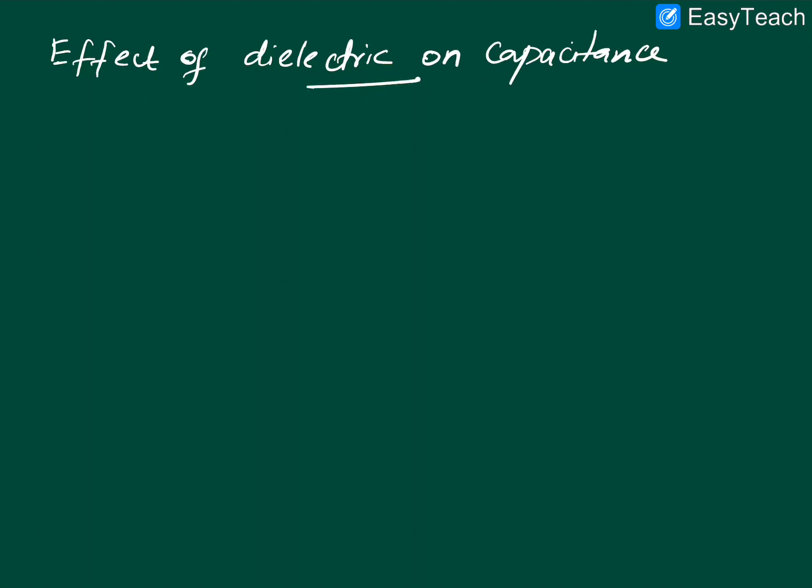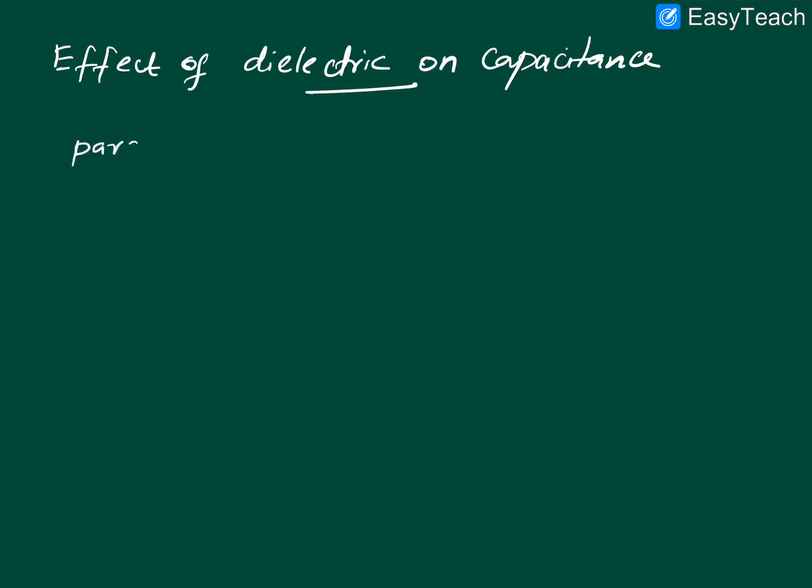In order to explain that, we are considering the case of a parallel plate capacitor, because we already discussed the parallel plate capacitor. So this discussion is purely for a parallel plate capacitor, how a dielectric will change its capacitance.